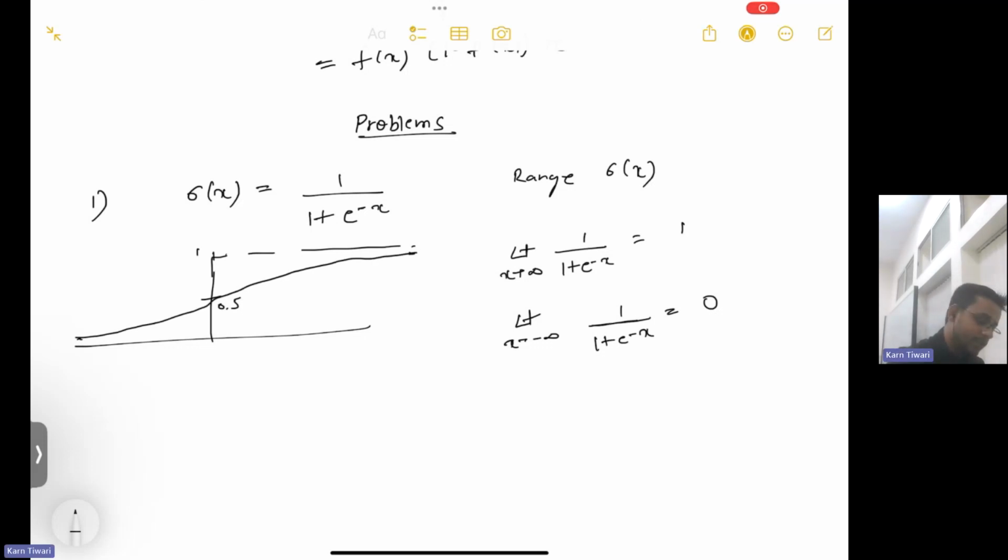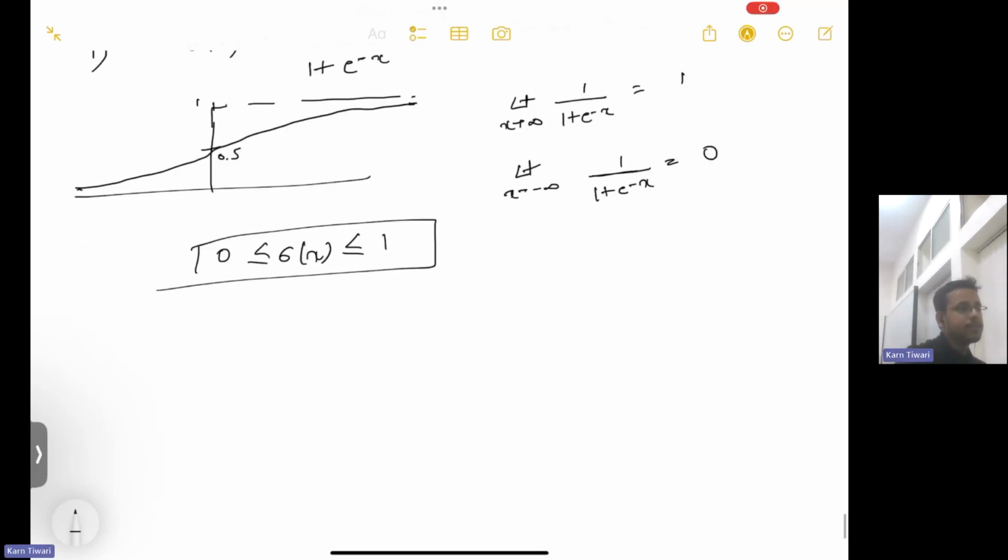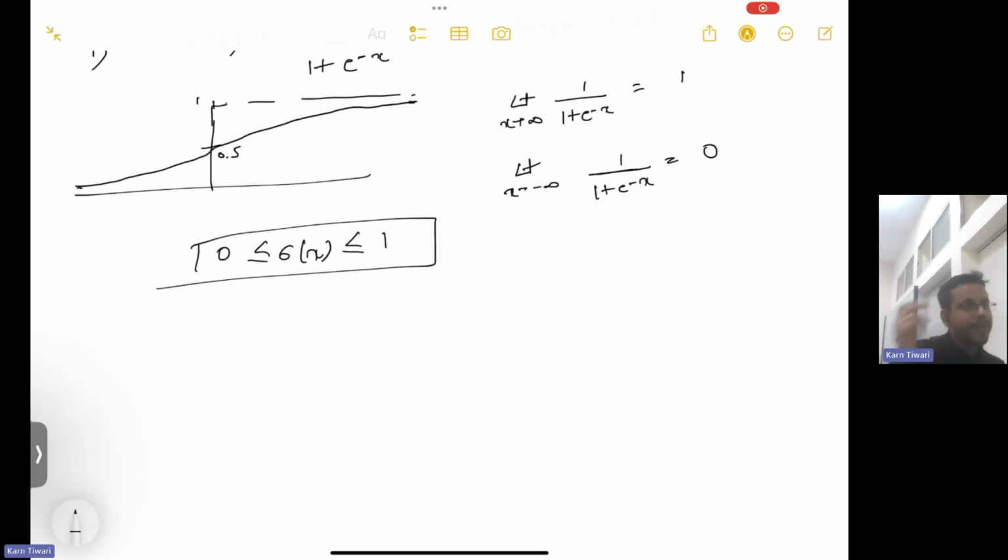The range of this function, sigma x, is always between 1 and 0. So the answer for the first question will be B, in the sense 0 to 1.